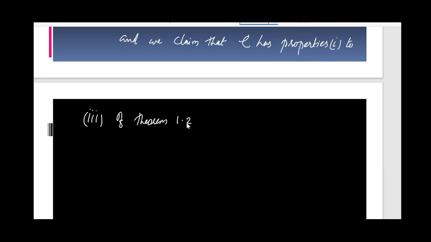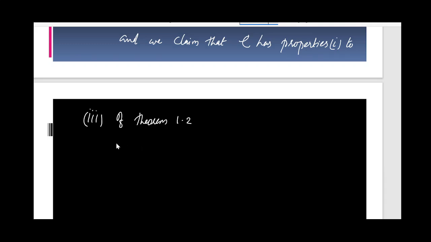Theorem 1.2 we have discussed in the previous class. What was that? That is, the empty set and X belong to C, and C is closed under arbitrary intersection, and C is closed under finite union. That is the topology conditions, right?